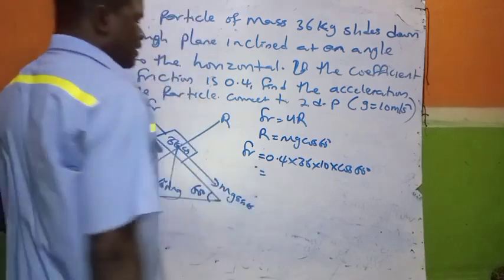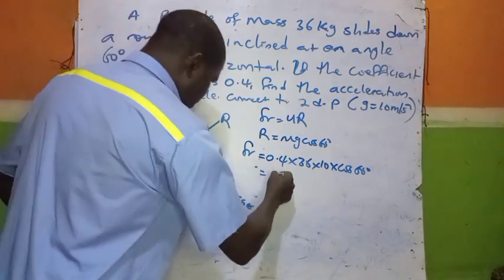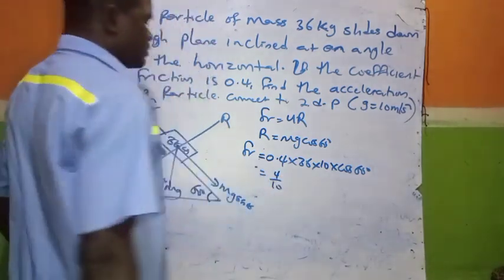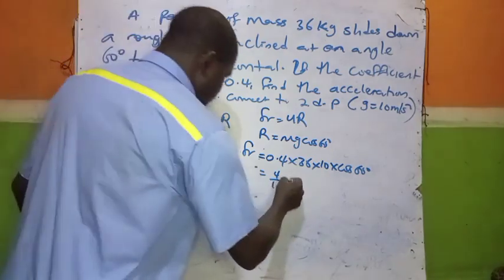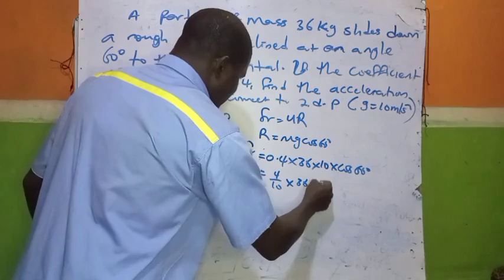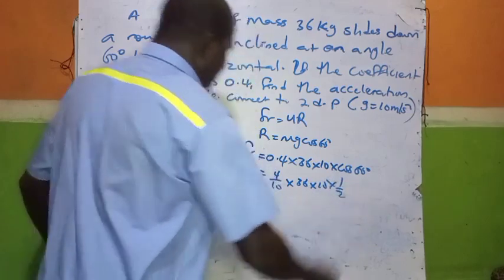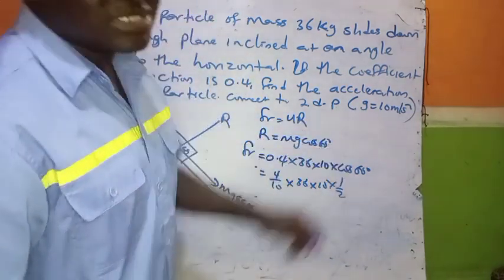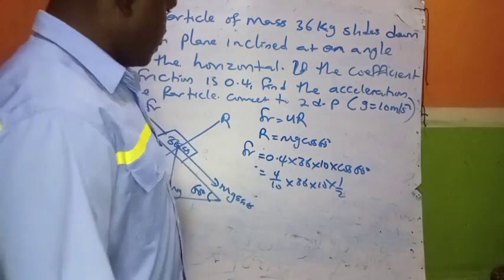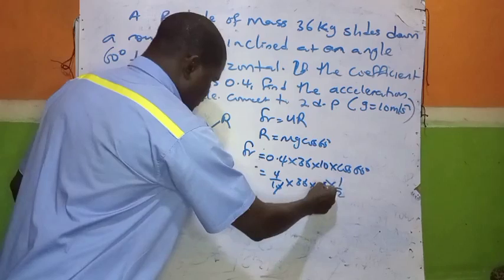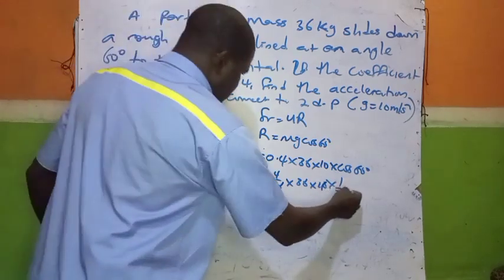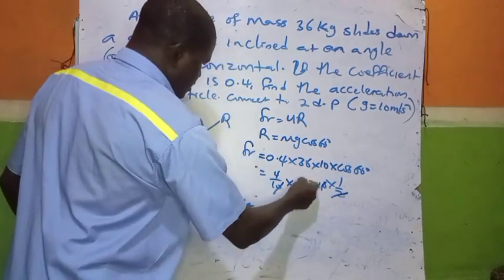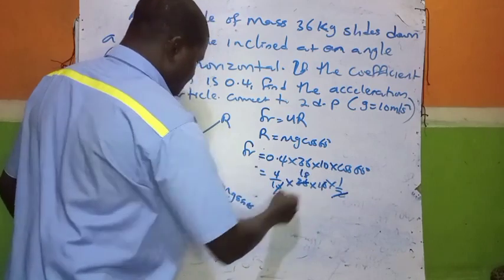So this is 4 over 10 times 36 times 10 times half. This cancels this, that will be 18.